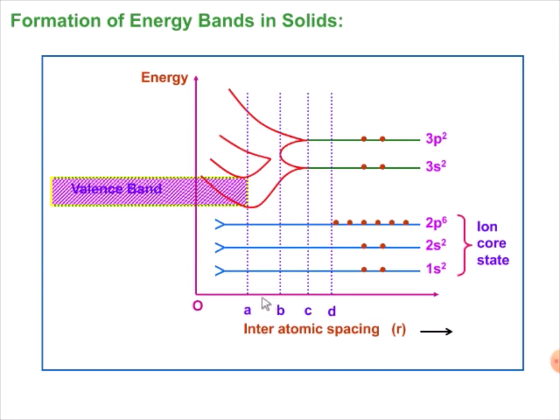Here, this is 3s, this is 3p. What happens is that there is no separation between the 3s level and the 3p level as you come closer and closer to the actual lattice spacing A. It seems that it is continuous.